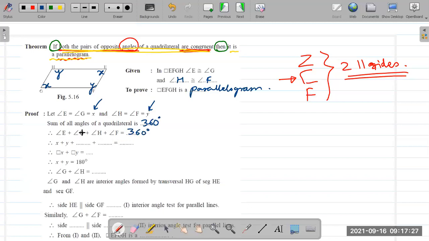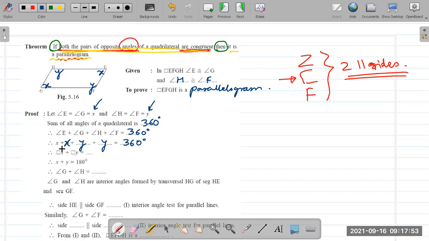Now in place of these angles, we are going to replace them with the variables. E is X, G is X, H is Y, and F is Y. So we are just replacing the angles with the variables, and the sum is 360 degrees.